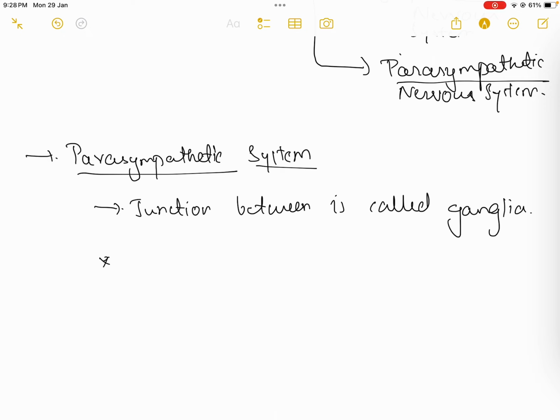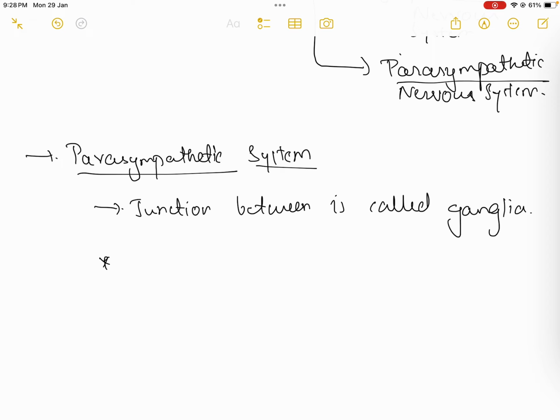But what is the core structure of the parasympathetic system? How does this ganglia comprise the nervous system?